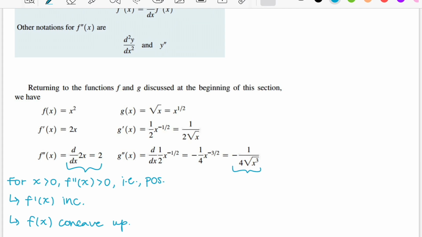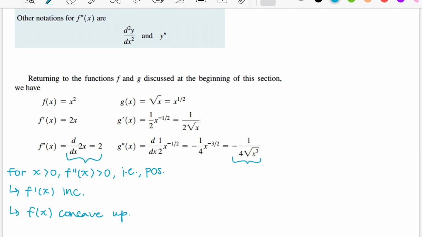Similarly, looking at our second derivative for g of x, for positive x values where our function is defined, we have that our second derivative is less than 0. So in this case, it's negative.